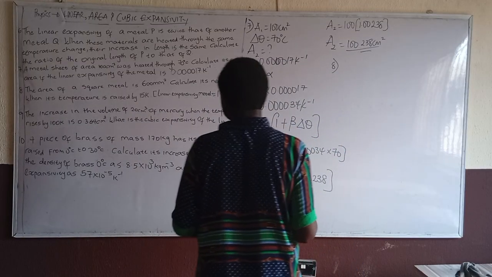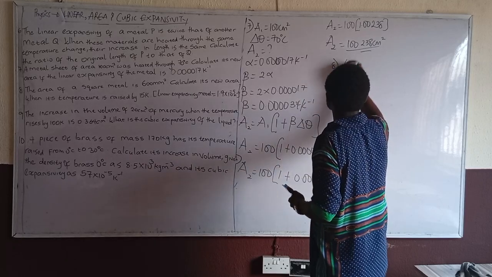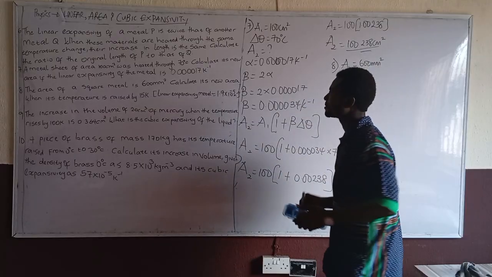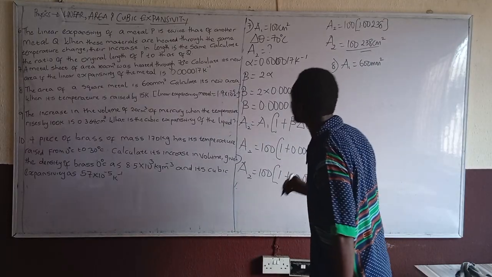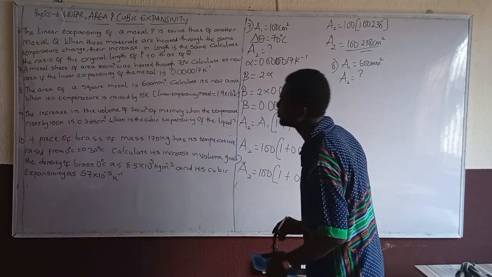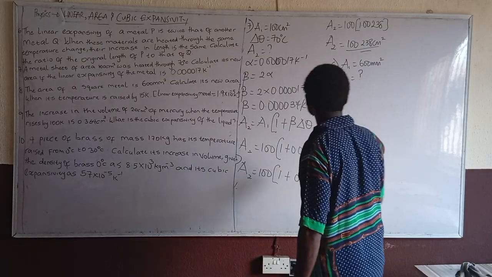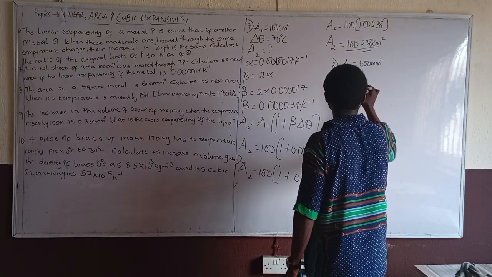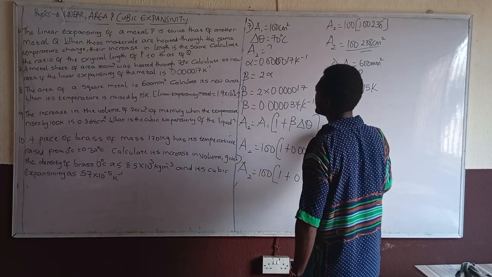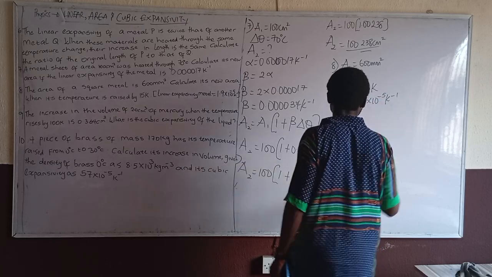So number 8. The area of a square metal is 600 millimeter square. That is A1, 600 millimeter square. Calculate its new area, that is A2, when its temperature is raised by 15 Kelvin. Delta theta is 15 Kelvin. The linear expansivity is 1.9 times 10 raised to the power minus 5 per Kelvin.